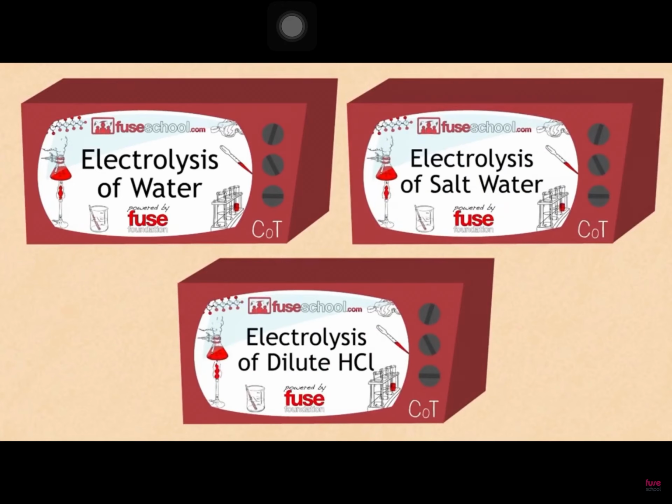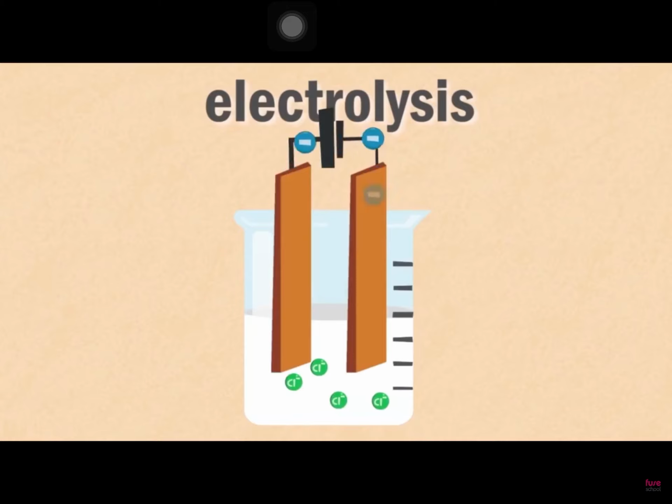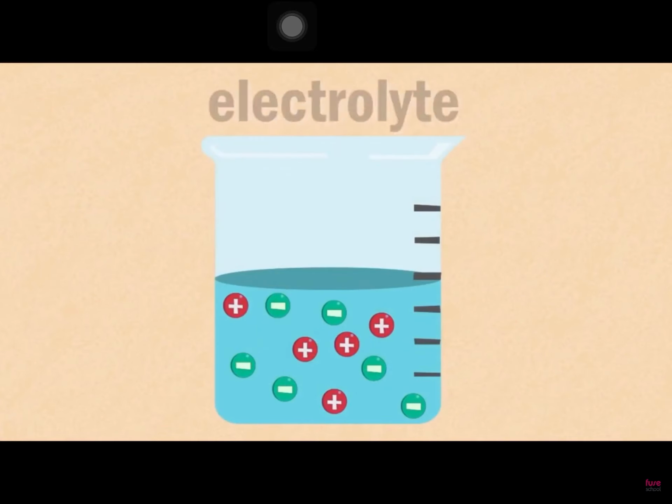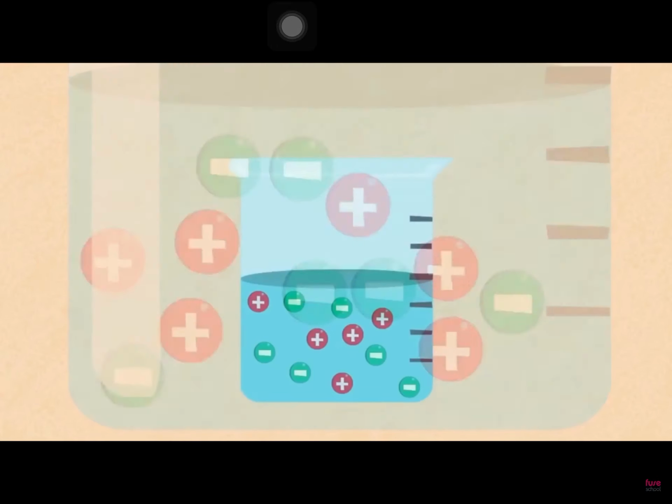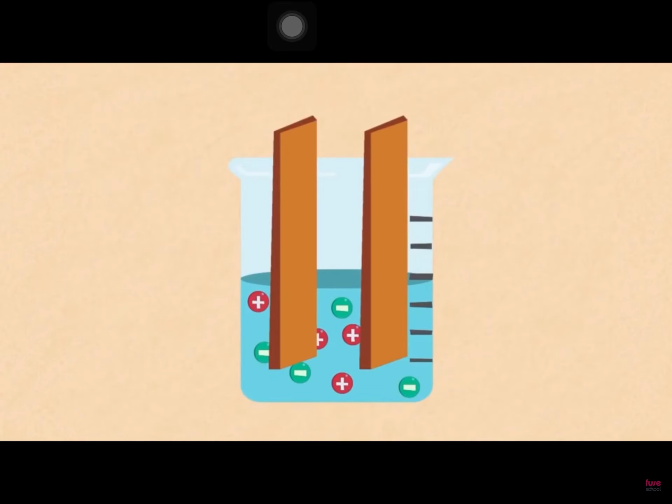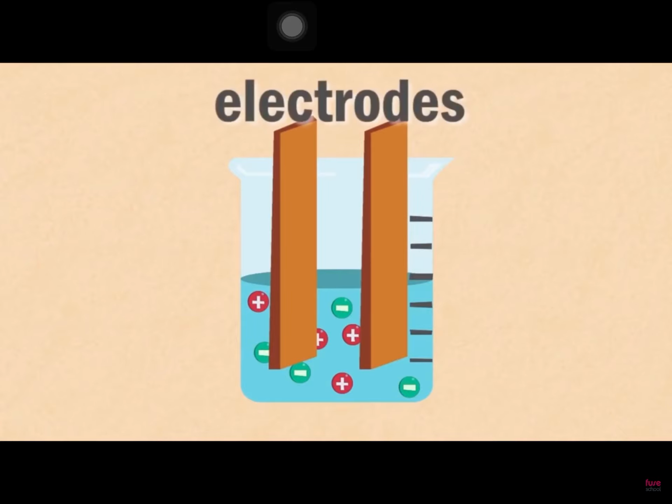For the time being though, here is a summary of the key ideas about electrolysis. Electrolysis is the flow of electrical current in a conducting solution or molten liquid that causes chemical changes. The conducting liquid is called an electrolyte and has free moving ions. The conducting plates, bars or wires inserted into an electrolyte are called electrodes.